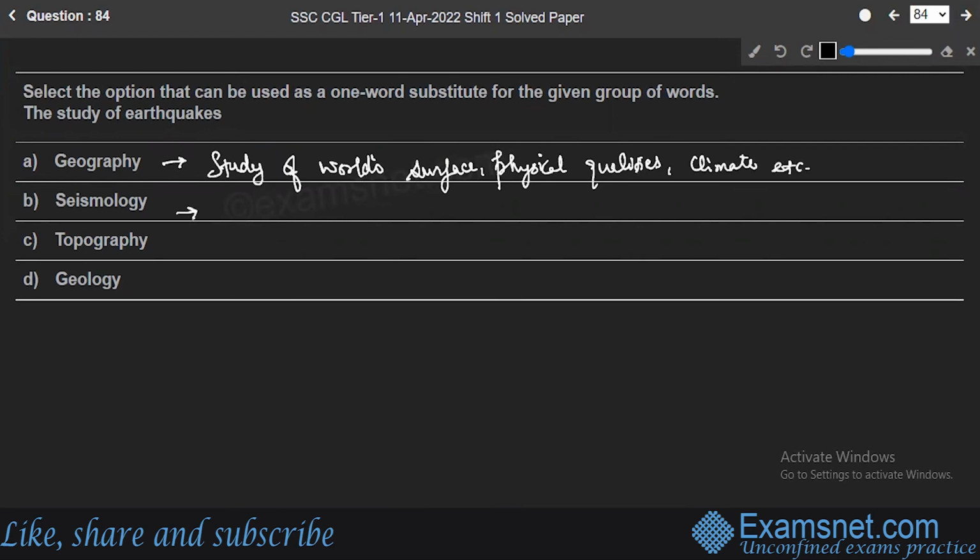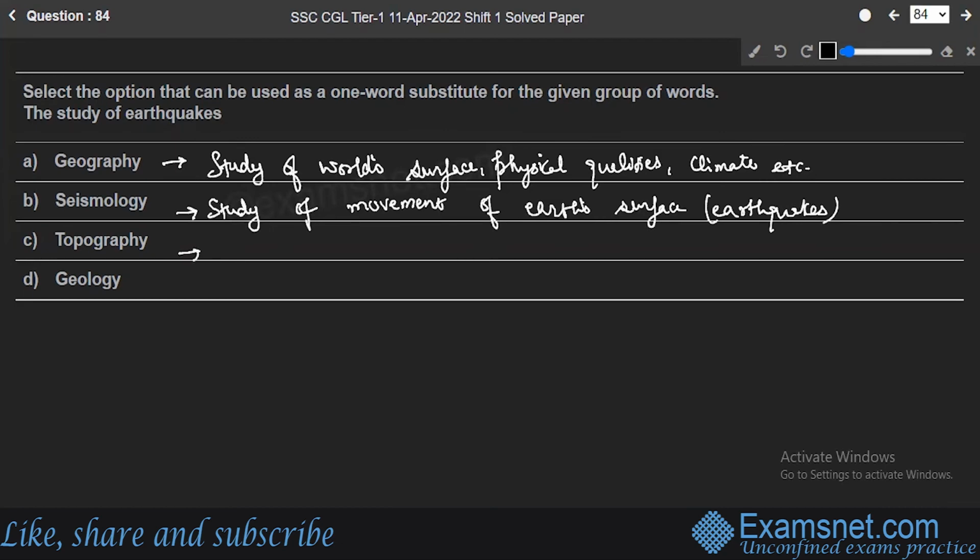Okay. Then seismology. What do you mean by seismology? It is actually the scientific study of movement of Earth's surface. In simple words, you can say earthquakes. So I think you got your answer now, right?